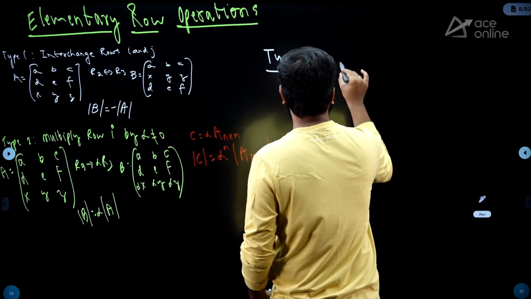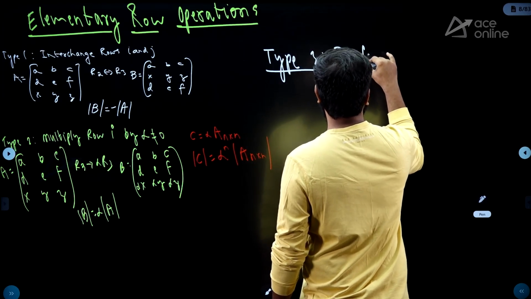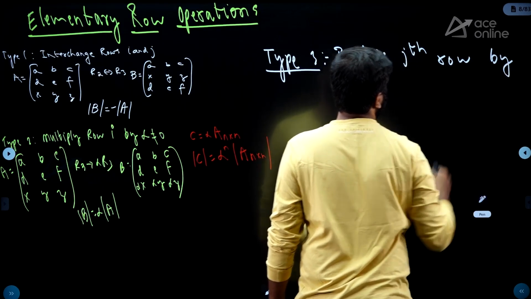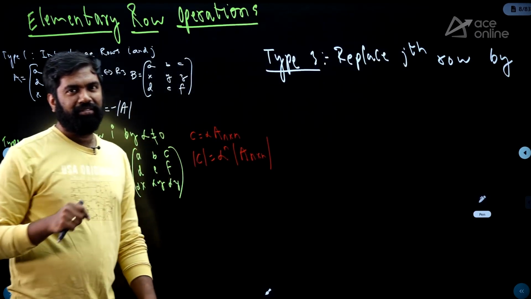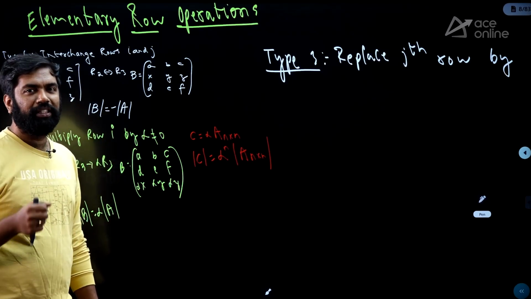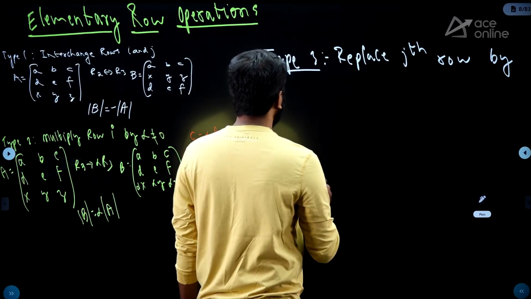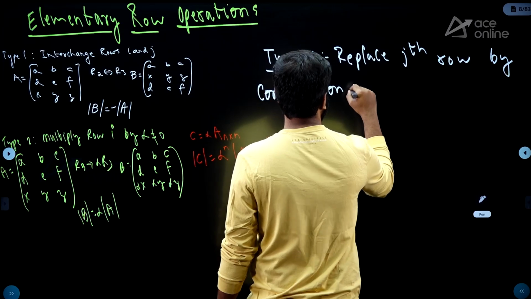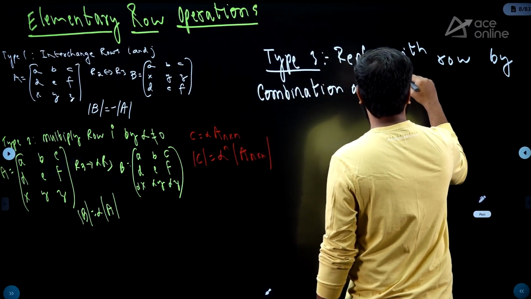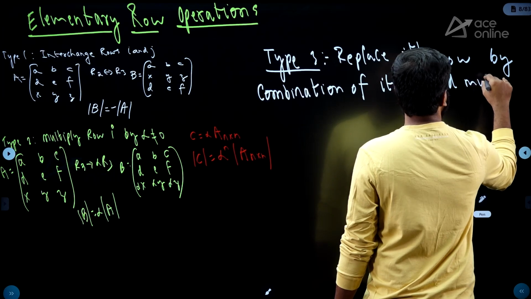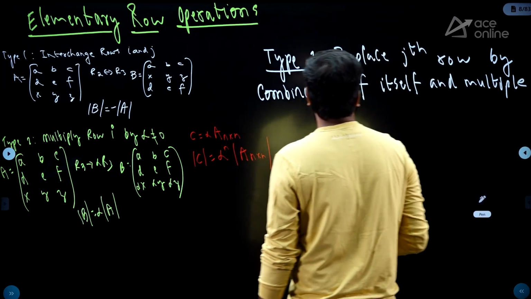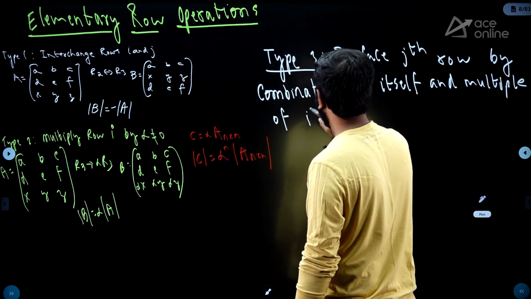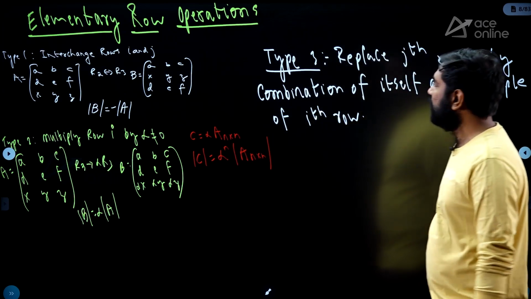It says, replace the jth row by combination of itself and multiple of ith row. My students know this statement. I asked them to repeat it in the class. This is called type 3.